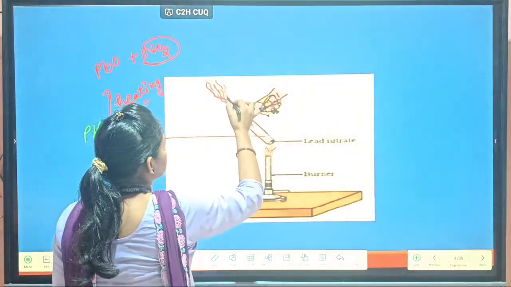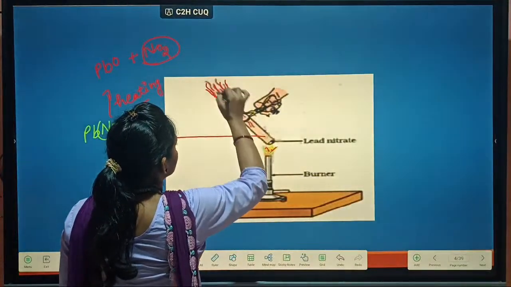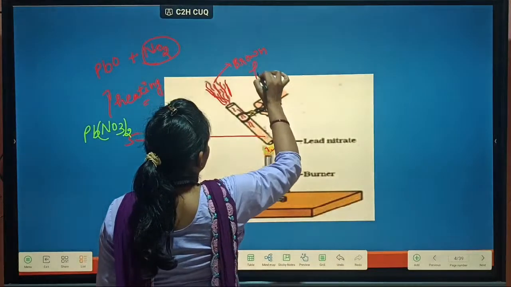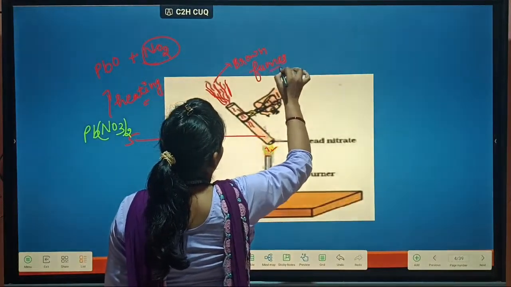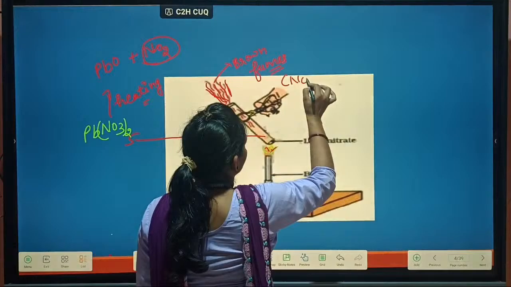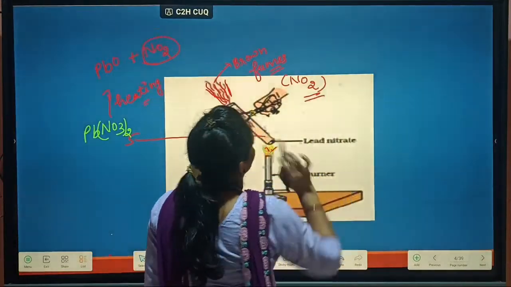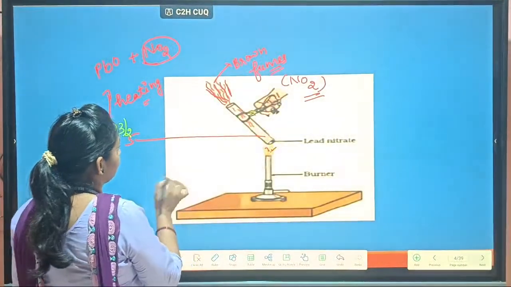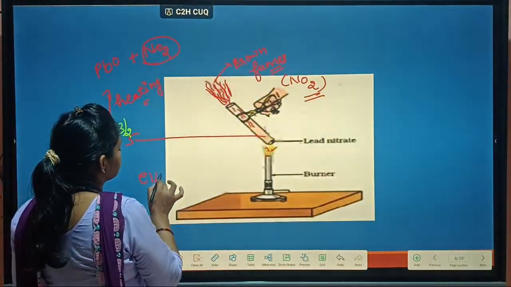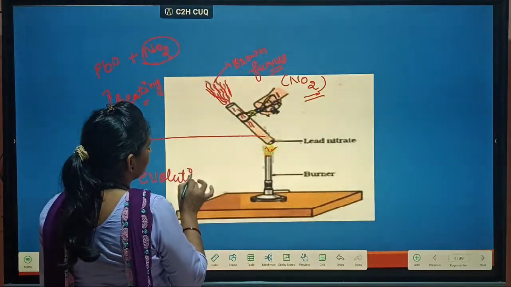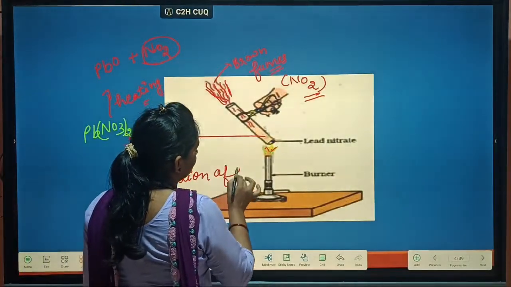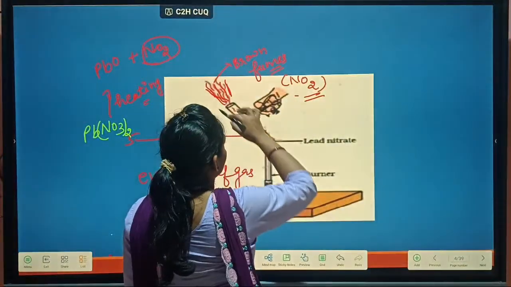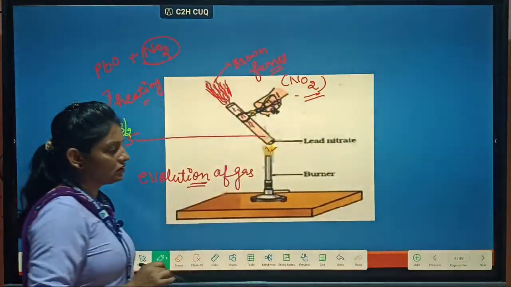These brown fumes are due to the formation of NO2. Okay, students. So here evolution of gas takes place. You can write this example in evolution of gas. Which gas? NO2 is evolving here.